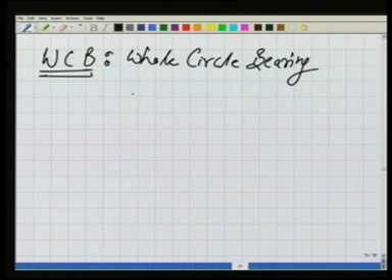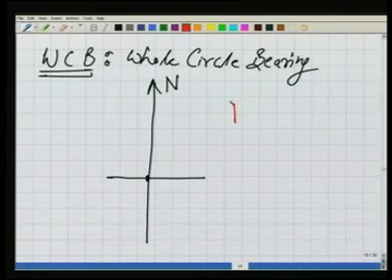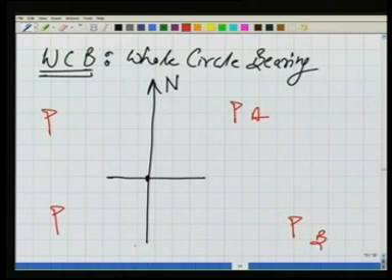Let us say the direction of north at a particular point is this, or this is the magnetic meridian. I write N here. We have a ranging rod here, and here, and here and here: A, B, C and D, and the observer is at O. I want to measure the bearings.